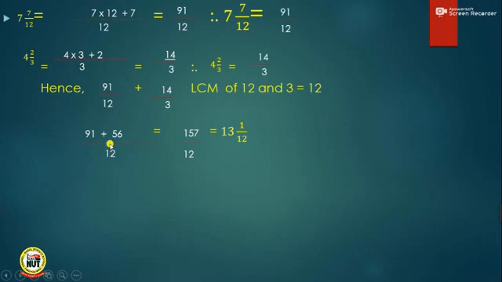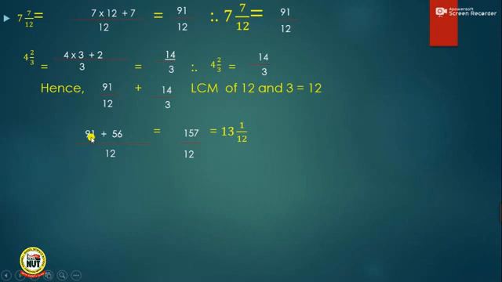How many 12 can you get in 12? In other words, 12 divided by 12. That will give us 1. That 1 times 91 gives us 91. Then 3 into 12, or 12 divided by 3, will give us 4. 4 times 14 gives us 56.